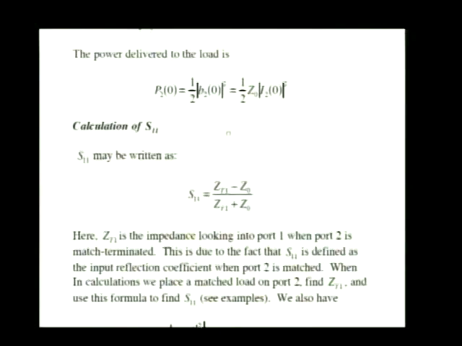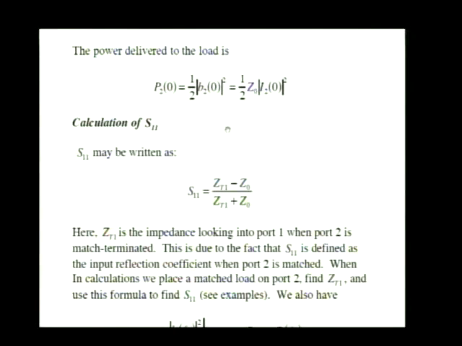Okay, now what I'm going to do next is to give you a simple method by which we can calculate the scattering parameters for simple circuits. Let's say we have a simple circuit making up the two-port in question.